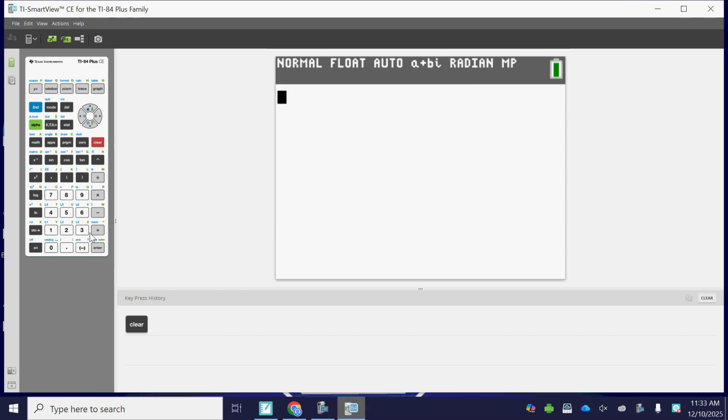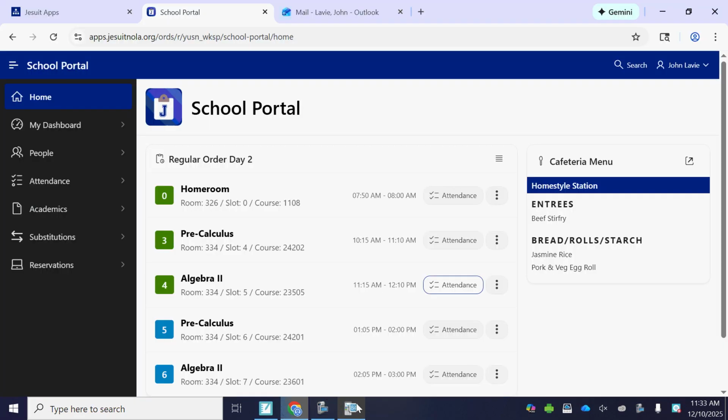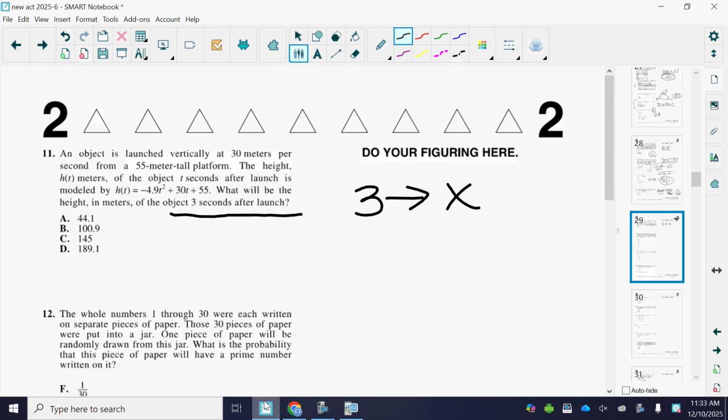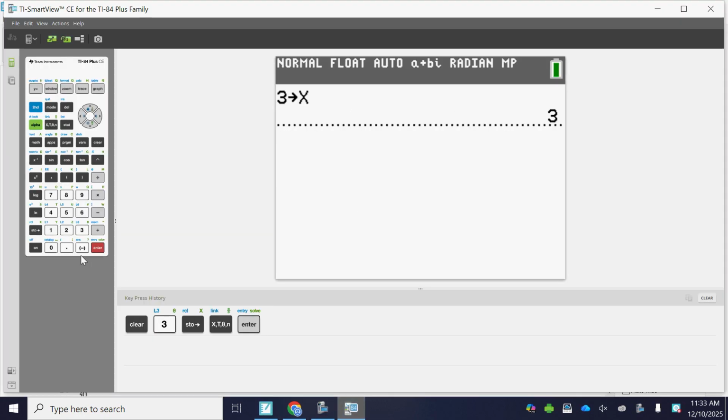So what I would do is I would go 3 STO, and why type T in when you could just type X? Okay, and then you just have to type the equation. Negative 4.9 x squared. So it'd be negative 4.9. This would go very fast if I wasn't on this device.